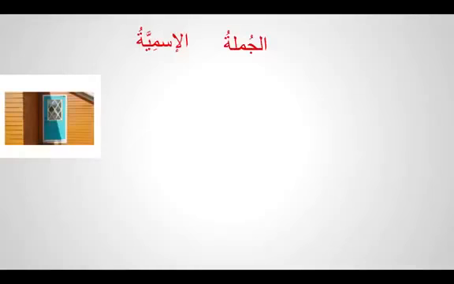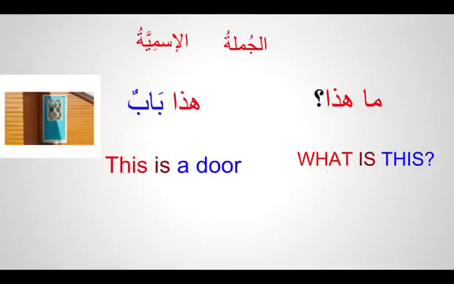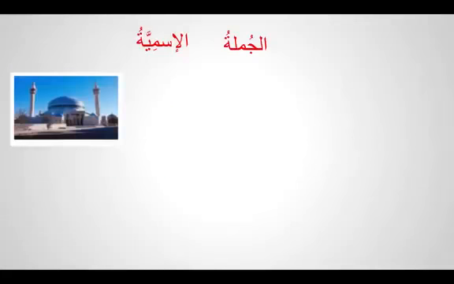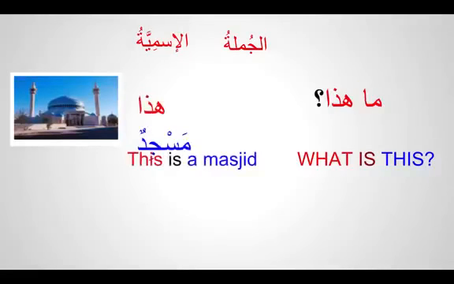Ma is used to ask questions about objects or animals. Ma hadha, what is this? Say hadha babun, this is a door. Ma hadha, what is this? Say hadha masjidun, this is a masjid.